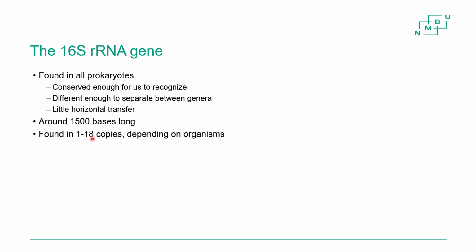The red, the green, the blue, and the yellow, they had only one marker gene each. This is not the case really for the 16S. It varies, right? So some organisms have 1 copy, some have 2, some have 5, some have 7. And of course, the number of reads you get depends also on this, right?